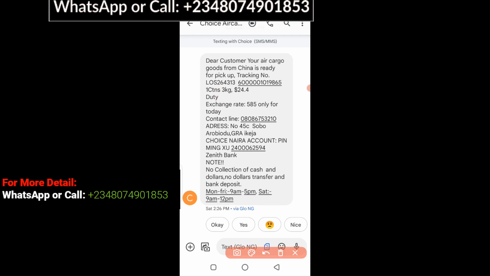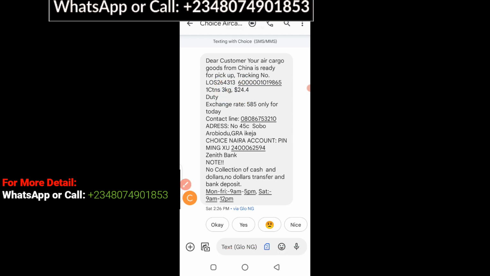Now, you have known the amount you are going to pay the shipping company in your local currency. You still want to know how much these people charge you per kg, because the figure given here was that you have to pay 24.4 USD to clear this 3 kg of goods.